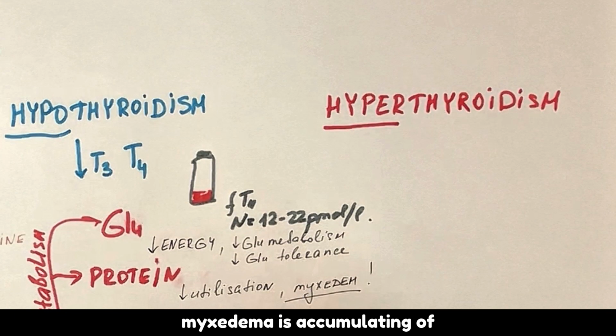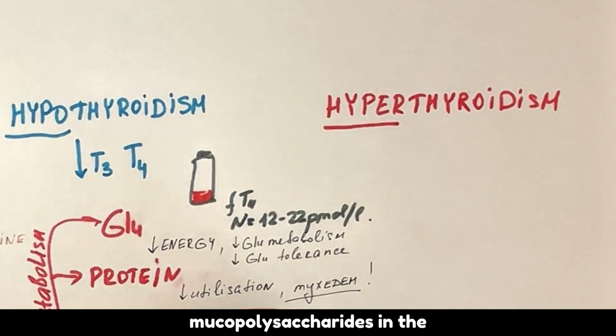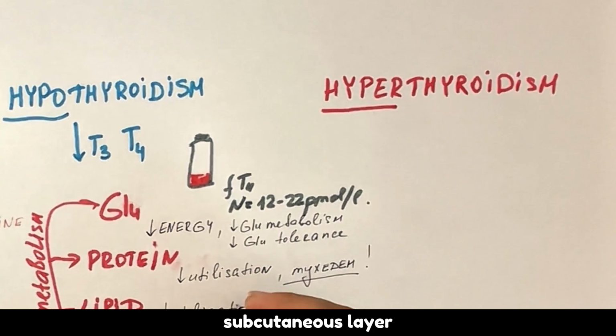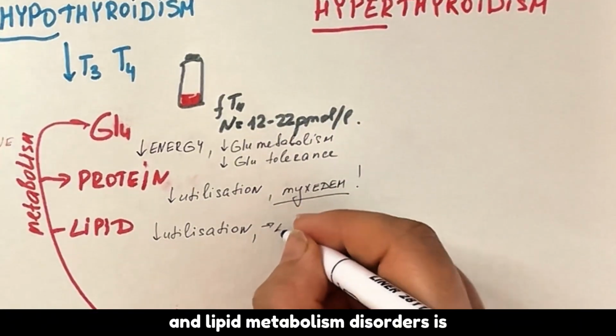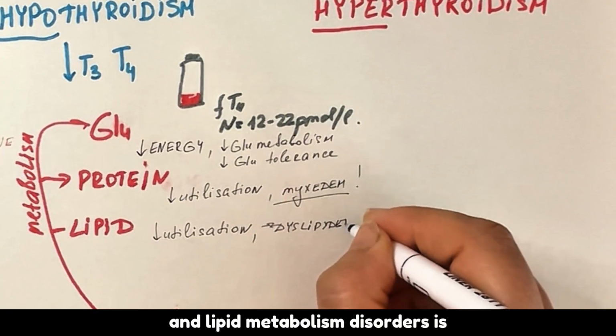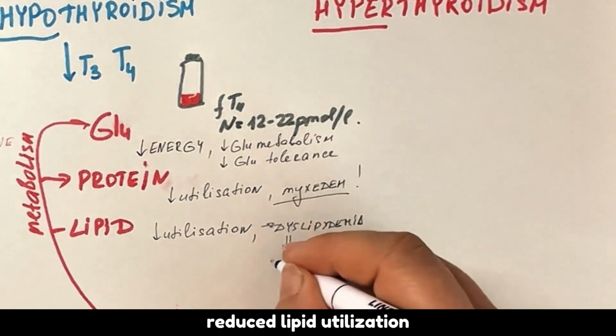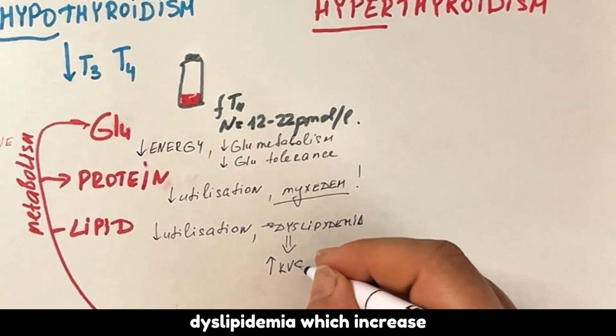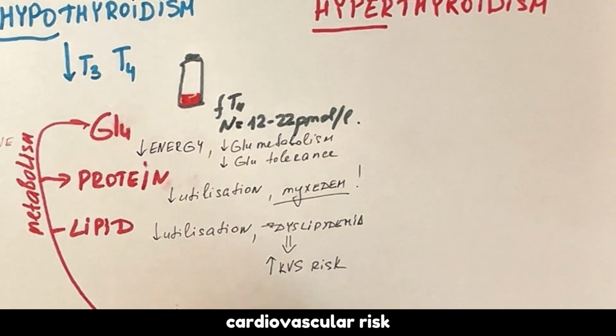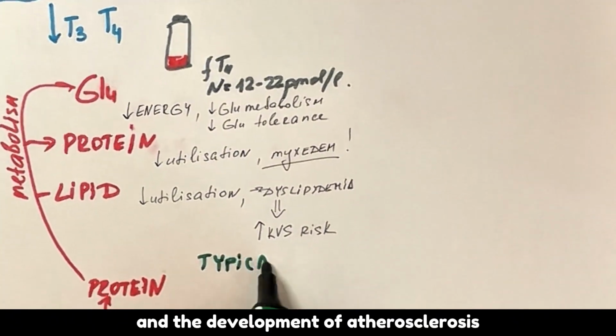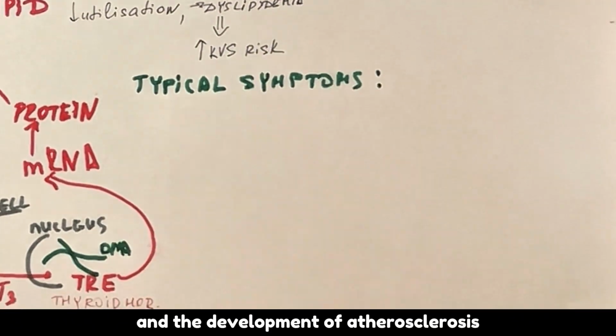Myxedema is the accumulation of mucopolysaccharides in the subcutaneous layer with water binding. Lipid metabolism disorders are reduced lipid utilization and dyslipidemia, which increase cardiovascular risk and the development of atherosclerosis.